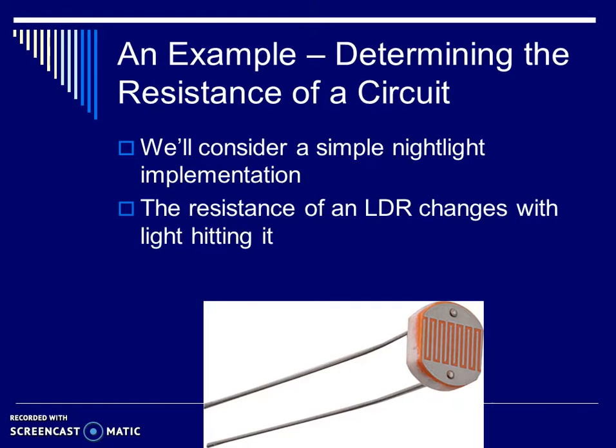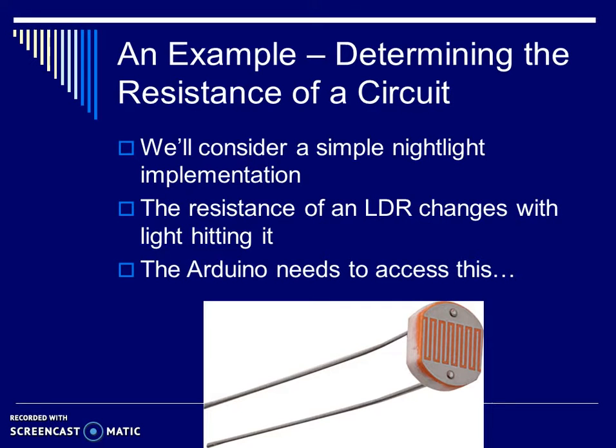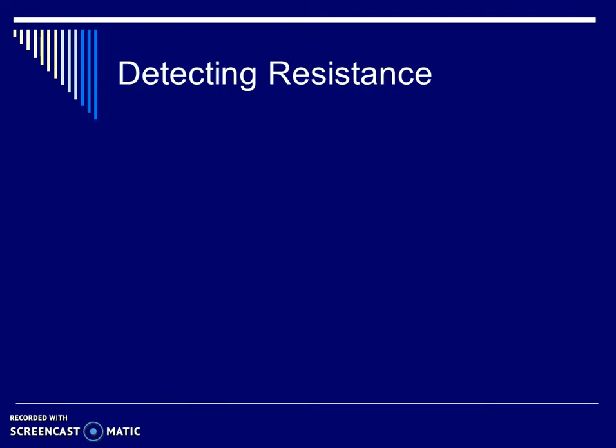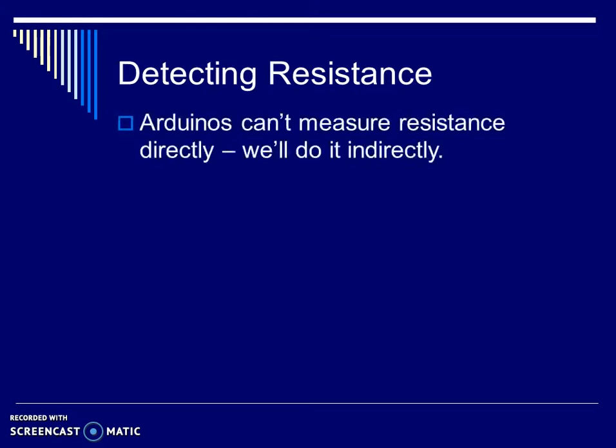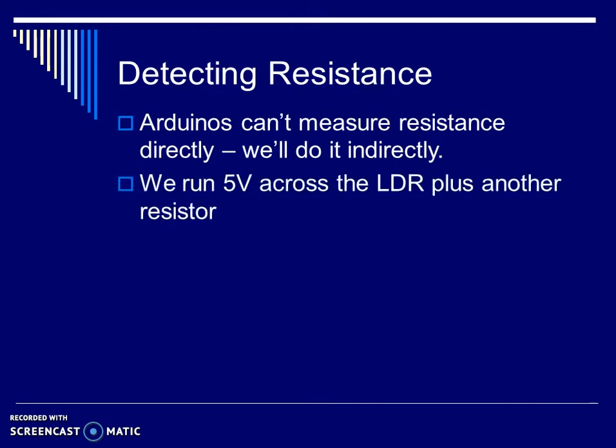Now, as we discussed previously, the resistance of an LDR changes when light hits it. And Arduino wants to access this. Well, there is a catch to this part, and that is an Arduino doesn't have an ohm meter in it. Measuring resistance, we do that indirectly. So we measure the resistance by running 5 volts across the LDR plus another resistor.